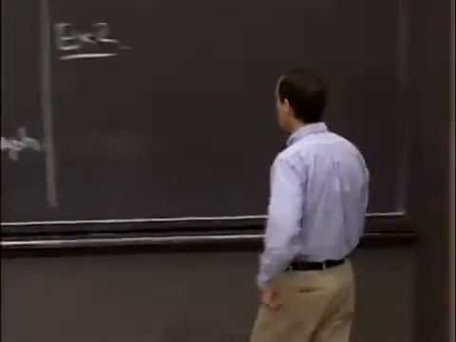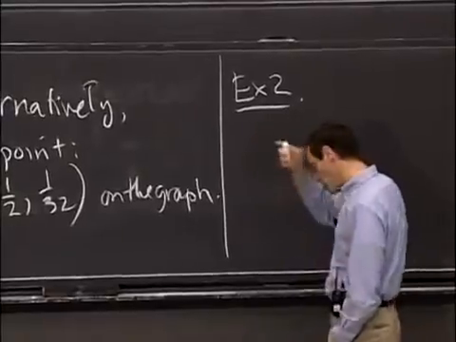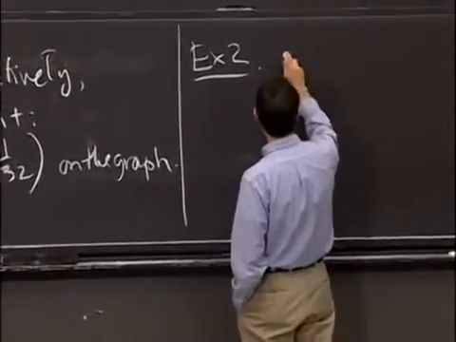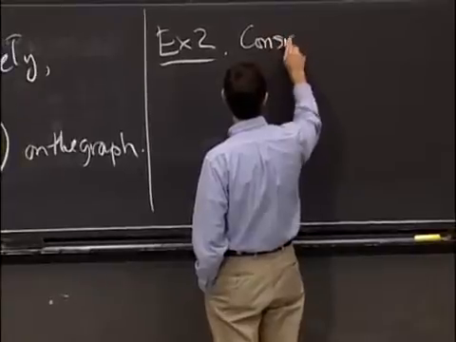So this is an example to get us used to the notion of constraints. Consider a box without a top.